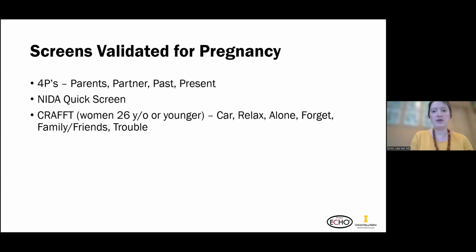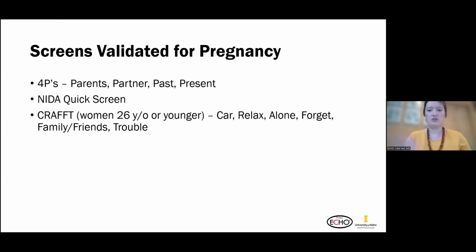If you work in primary care or obstetrics and gynecology, you are probably familiar with doing screenings. These are some screens to look for substance use, alcohol use that are specifically validated for pregnancy. There's the 4Ps, which is asking about parents, partner, past and present. There's the NIDA quick screen, and then there's the CRAFFT, which is used for women 26 years old or younger.